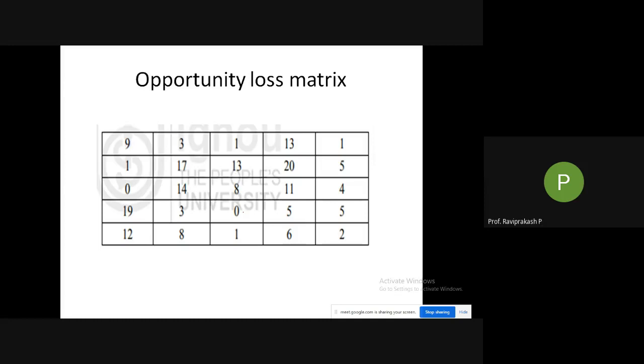After getting this opportunity loss matrix, start with your row reduction and column reduction.